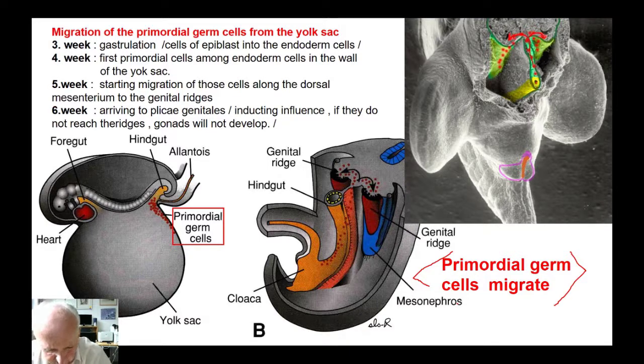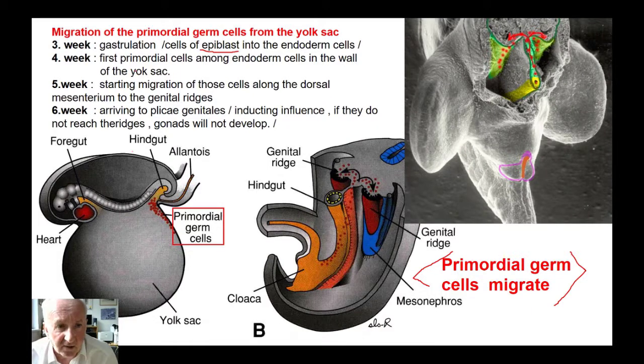The epiblast cells, I'm just repeating the most basic information, give origin to all 3 germ layers. The first developed layer is the entoderm. So this is happening in the 3rd week.